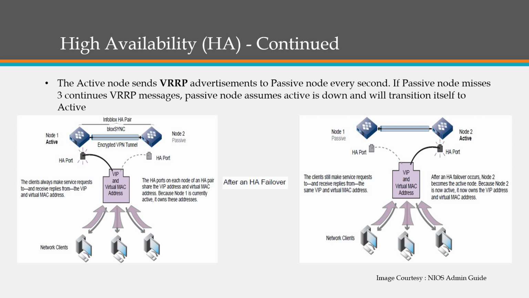Initially, when we start, node 1 is the active node and node 2 is passive. The active node sends VRRP advertisements to the passive node every second. Now, VRRP stands for Virtual Router Redundancy Protocol, and these VRRP advertisements are multicast in nature.